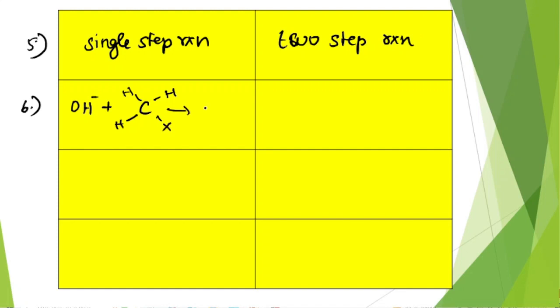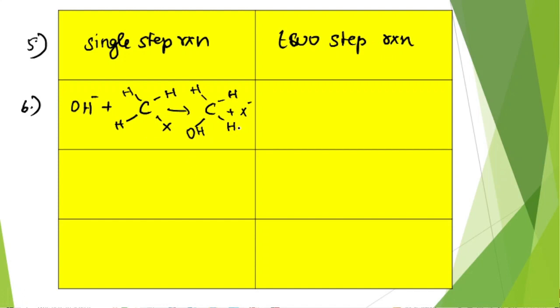So what you got as a product is CH3OH plus X minus, right? So in this reaction, one molecule is replacing another molecule, so it is a bimolecular reaction.